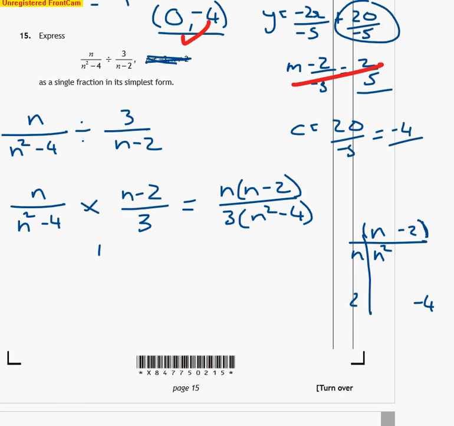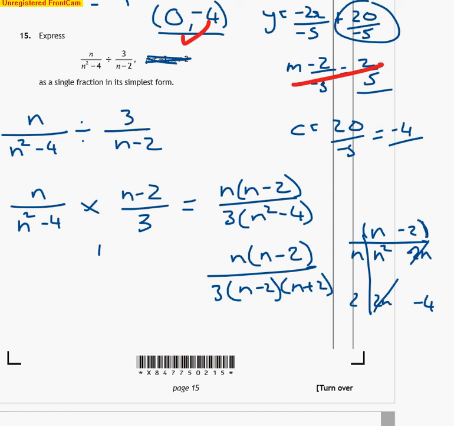That gives me minus 4. Minus 2n, 2n, they would cancel out. So when you see there's no number in the middle, you can break that into a bracket like this. So n minus 2 stays the same, and 3, n minus 2, n plus 2. So it's the same brackets, but with different signs in the middle.